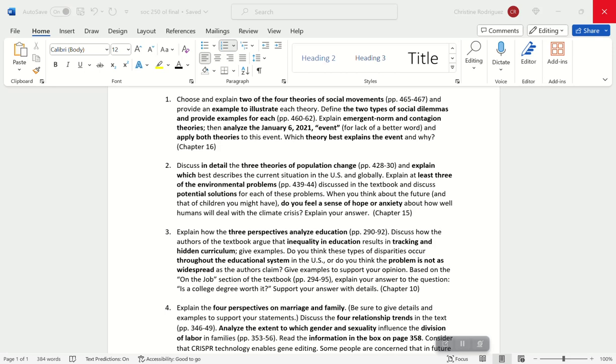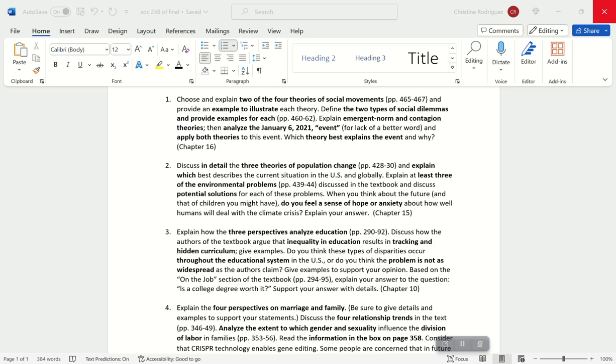Explain at least 3 of the environmental problems discussed in the textbook and discuss potential solutions for each of these problems. So explain the 3 environmental problems that you choose, and then at least 1 potential solution for each one.